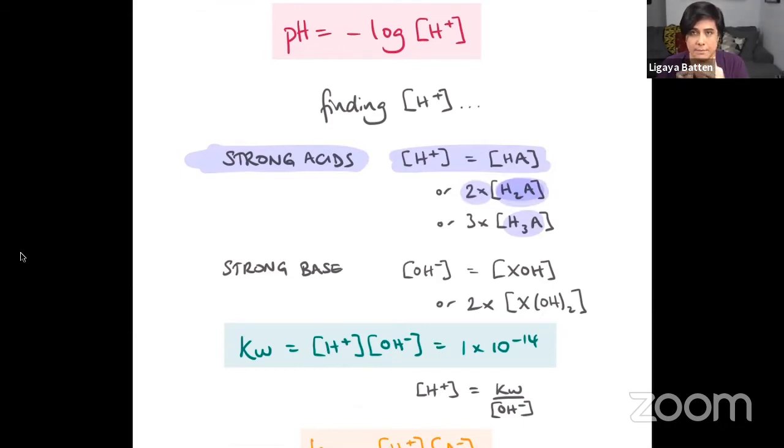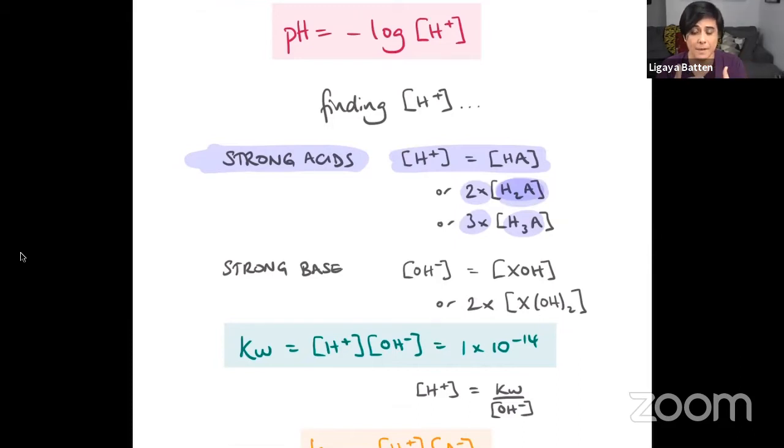So it's important to remember that, because sometimes they might give you that kind of example, and just assuming that it's going to be the same amount of H plus ions to amount of acid is not always going to get you the right answer. But it is relatively straightforward. You just look at the concentration of the acid, figure out if it's the same or double or triple, and then just plug that into pH equals minus log H plus.